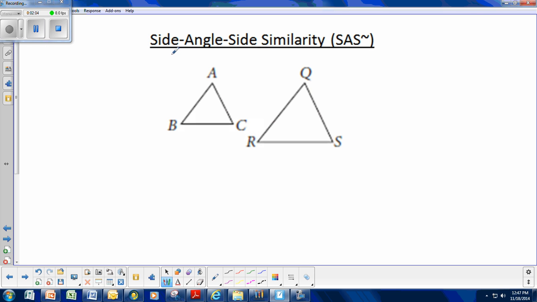The next shortcut we have is called side-angle-side similarity, SAS similarity.